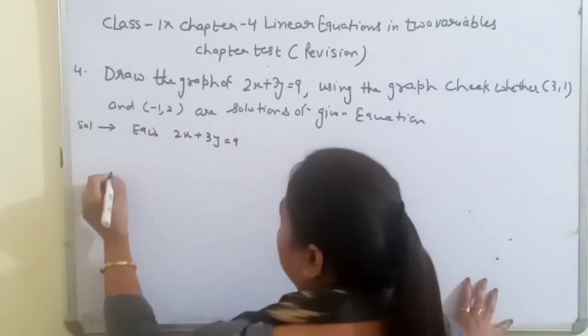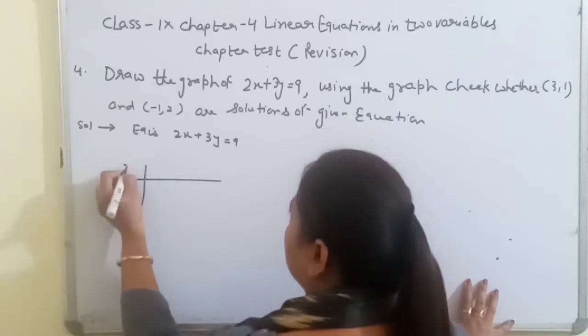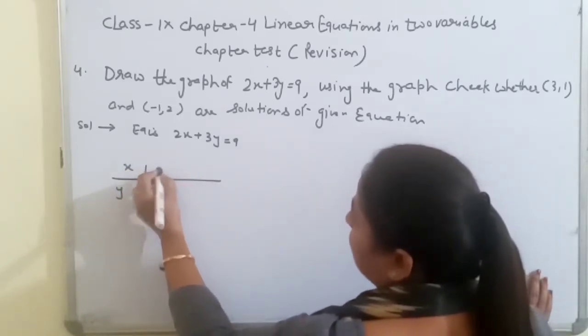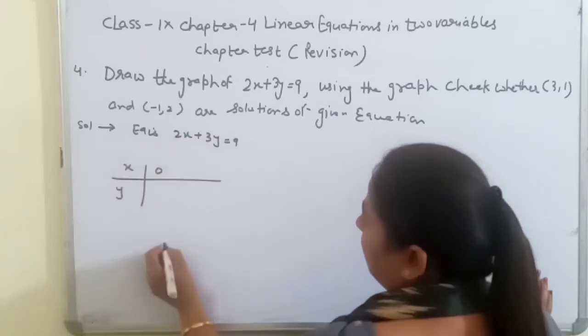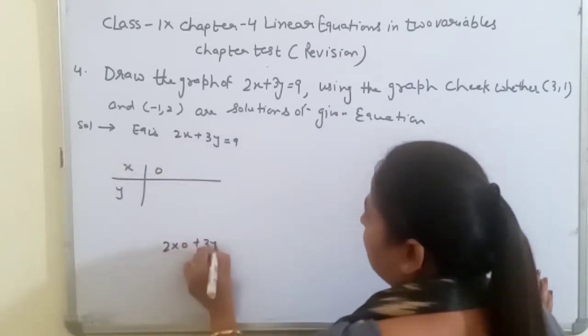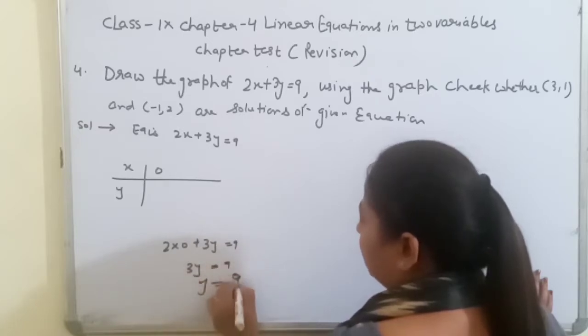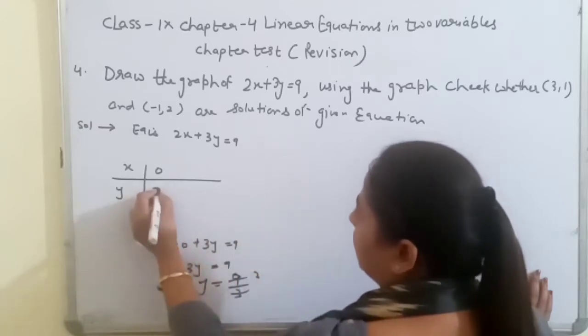Now let's draw the table for this, with x and y. When x is 0, what is the value of y? When x is 0, 3y equal to 9, y equal to 9 by 3, which is 3.